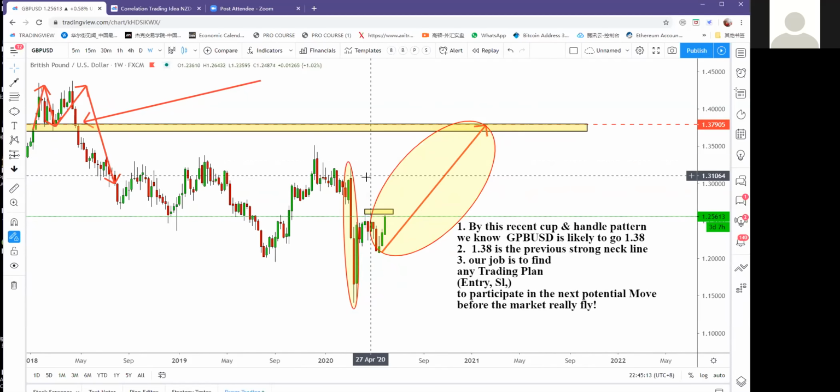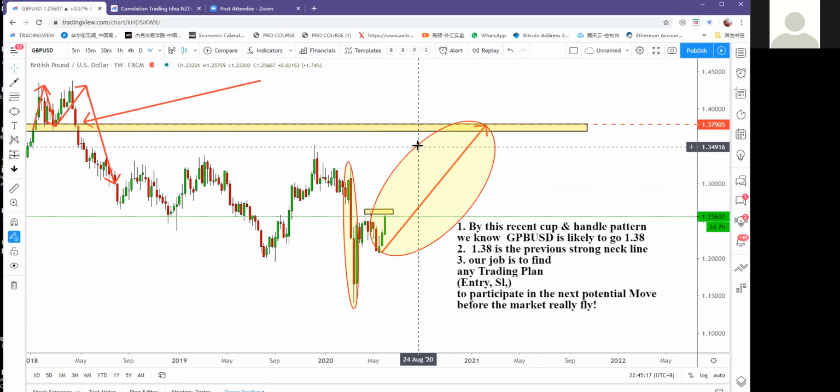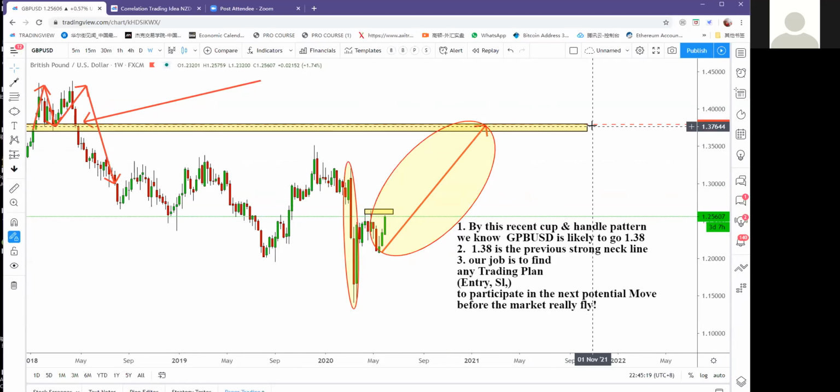From technical analysis and fundamental analysis, 1.38 is really a tangible target. Am I right to say that? Reply 5 if you think my thought makes some sense.